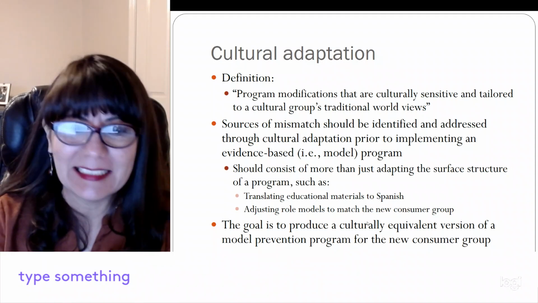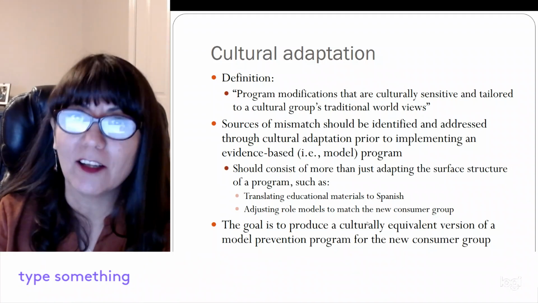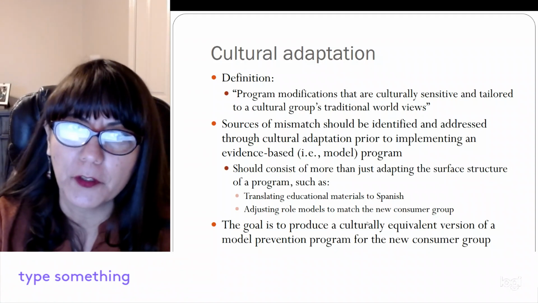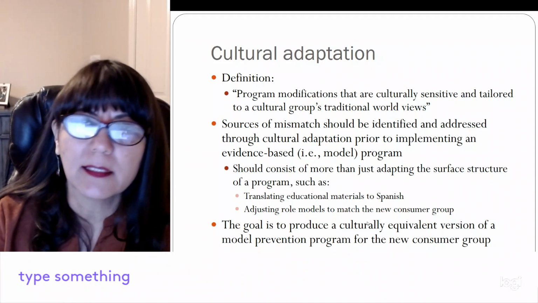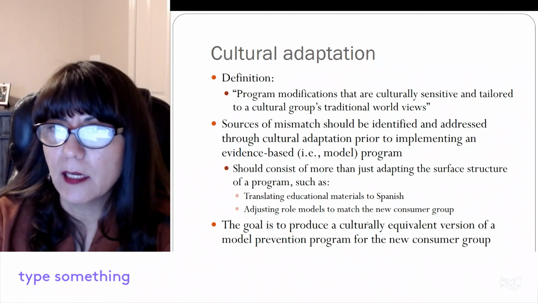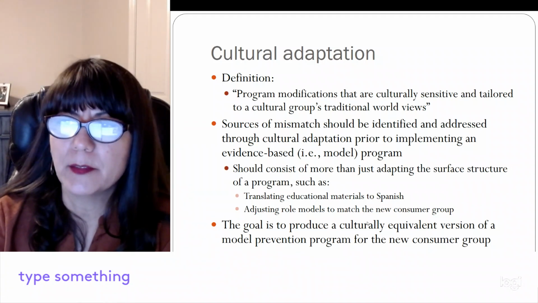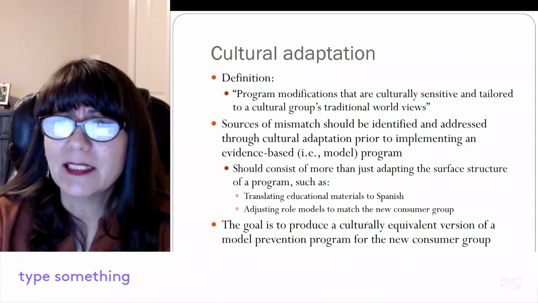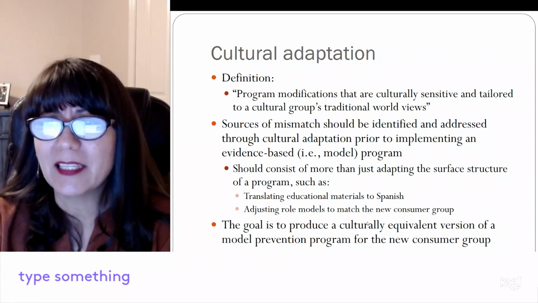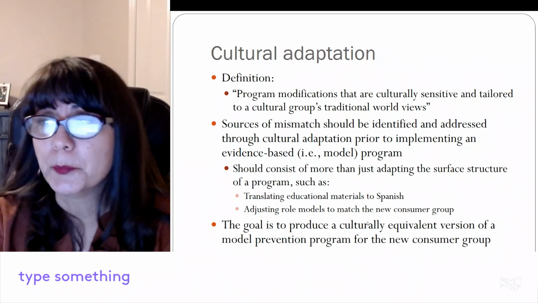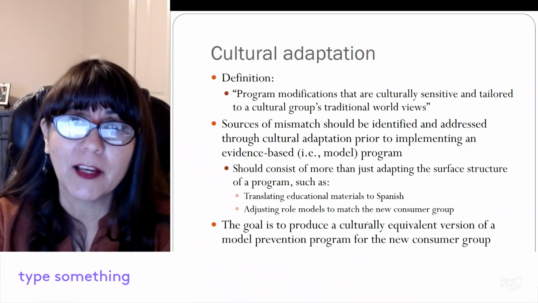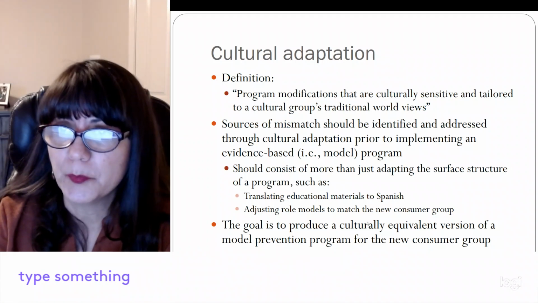And so let's continue with cultural adaptation under the Castro et al. 2004 article. Basically, they define cultural adaptation as making modifications to a program so that it's culturally sensitive and tailored to a cultural group's traditional worldviews, to their beliefs, their values, their norms.